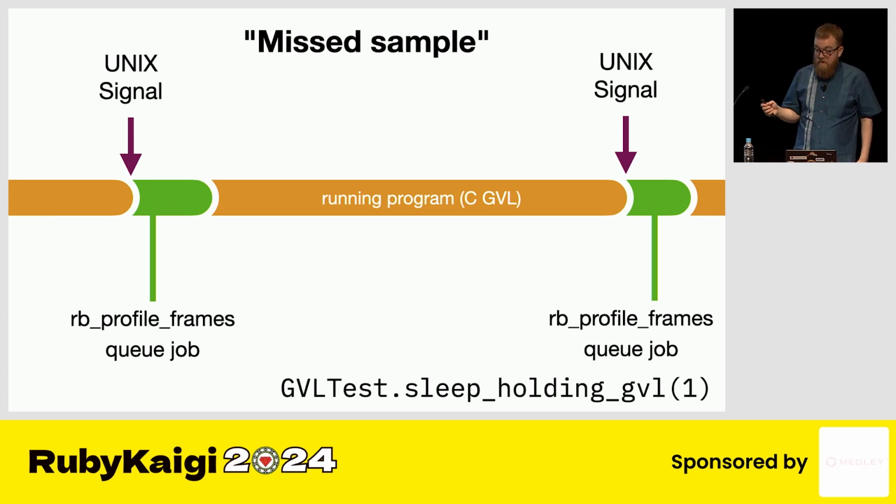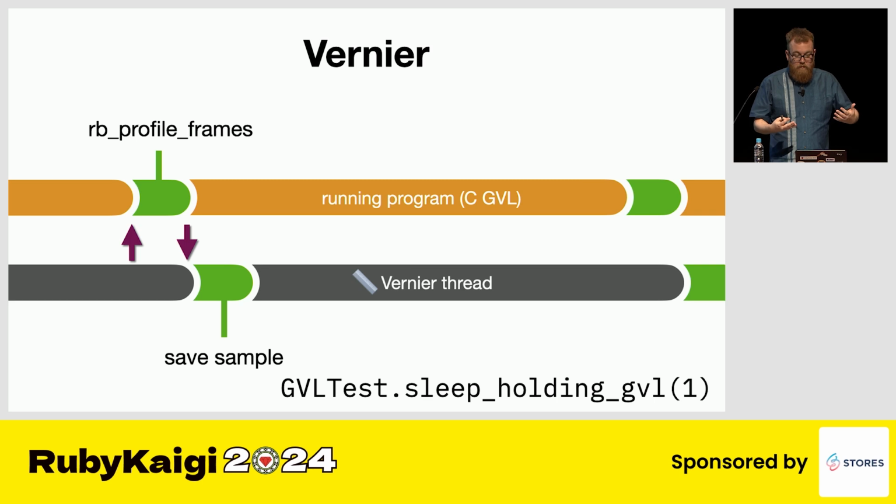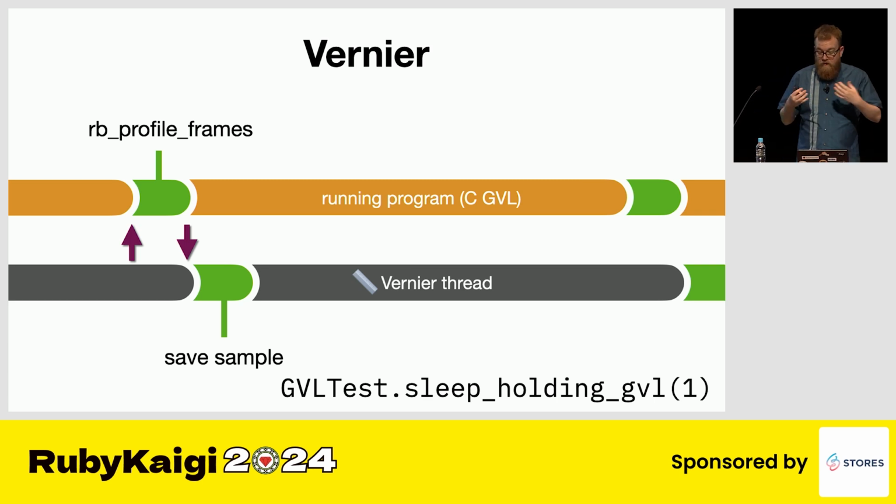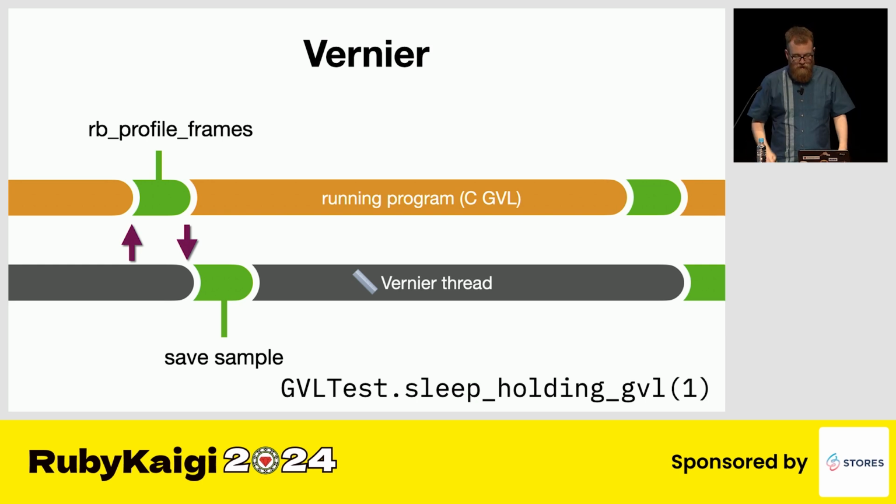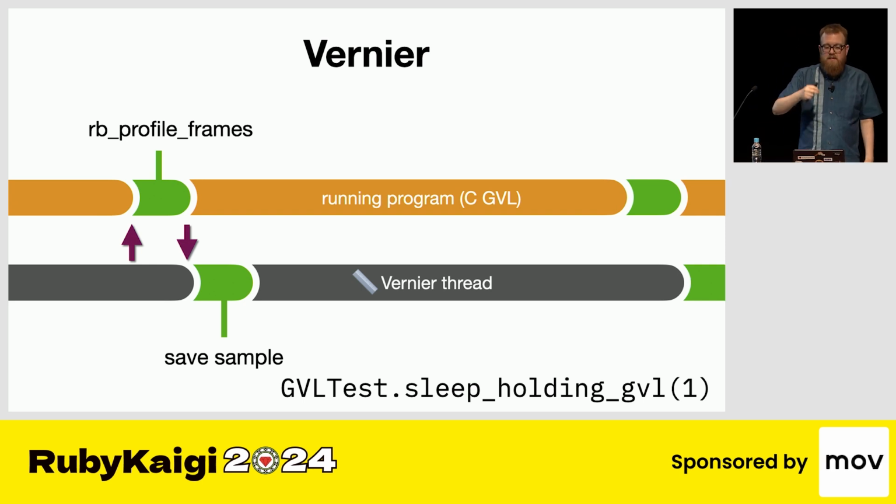This is something that I think Vernier finally solves adequately. We've reintroduced another thread, but this time it's a C thread rather than a Ruby thread. So we have no problems with GVL contention. This thread is responsible for sending a signal to the Ruby thread, waiting for it to call RB profile frames, and then saving the sample that buffers up.